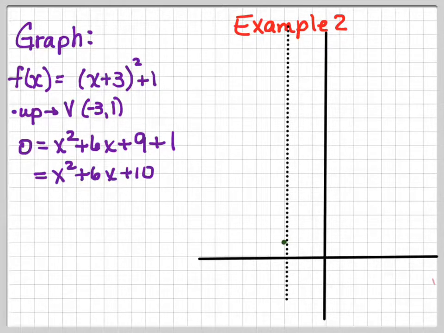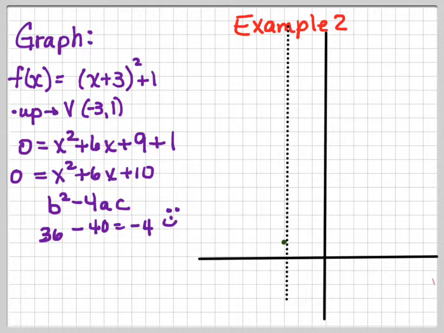And then I want to set my equation equal to 0 to find the roots. So here I have done this with x squared plus 6x plus 10. So I know that I'm going to have a real tough time factoring this. And the reason for it is because if I remember, I use my discriminant, and this is going to be equal to -4. I can't take the square root of -4, so what that means is it doesn't cross the x-axis.